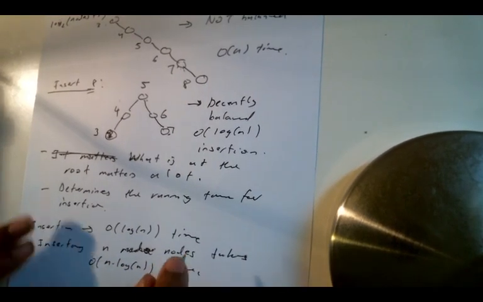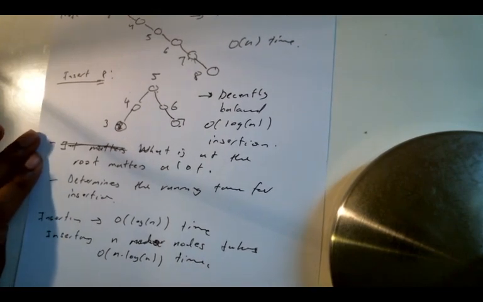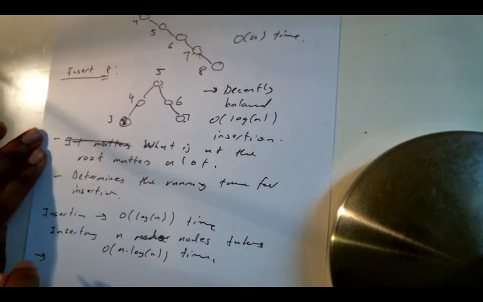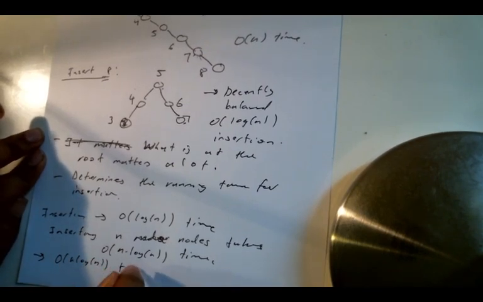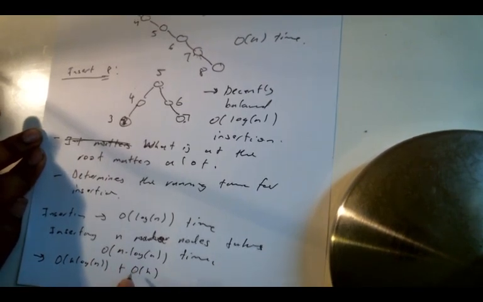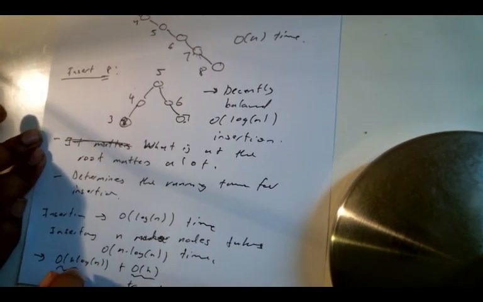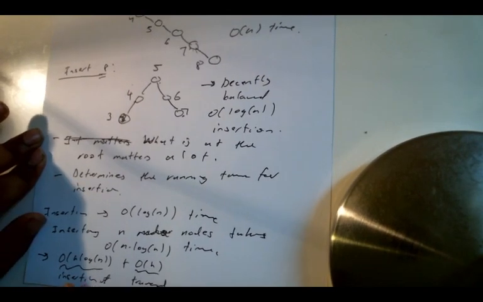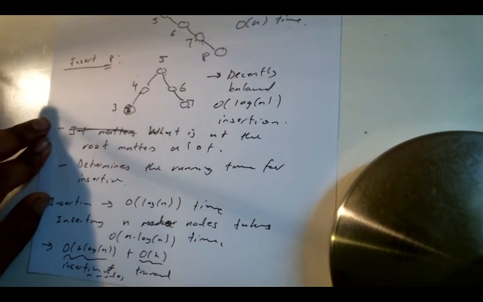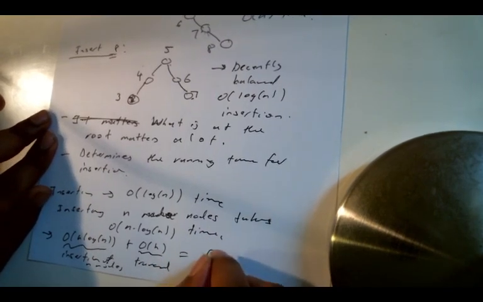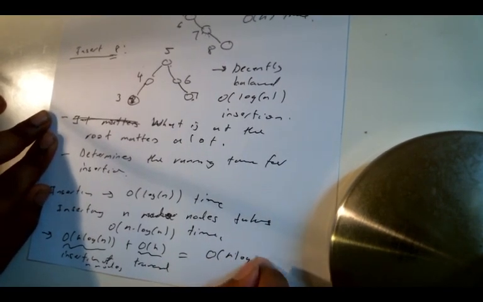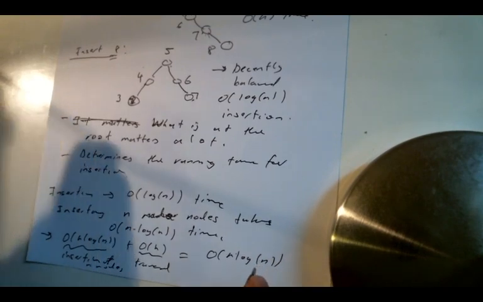So the total running time of the alternate version of merge sort is just O of n log n for the insertion of n nodes, plus O of n for the in-order traversal. And this is just O of n log n, because n log n is bigger than n.